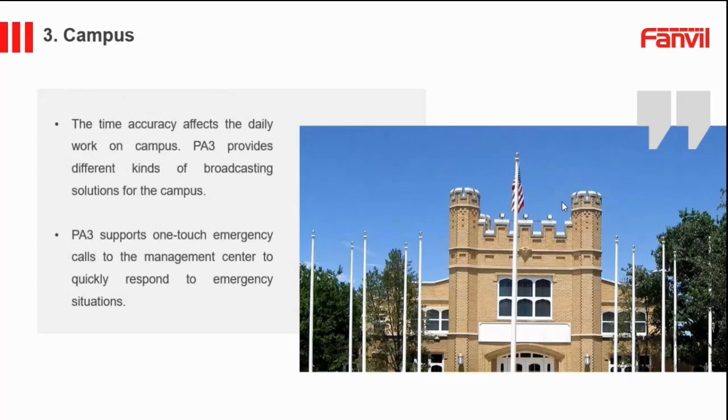So the PA3 can be used in various campuses, etc. Time accuracy, because it'll be running off the network clock, means that all the devices that you're running and broadcasting will be accurate to time. Does, of course, the one-touch emergency to a management centre. Now, just think about this for any of you who are looking after a campus.